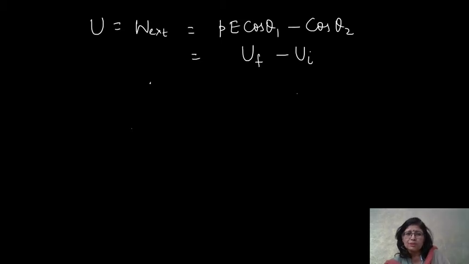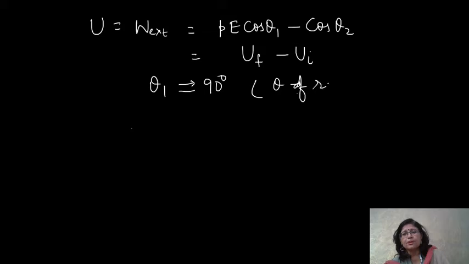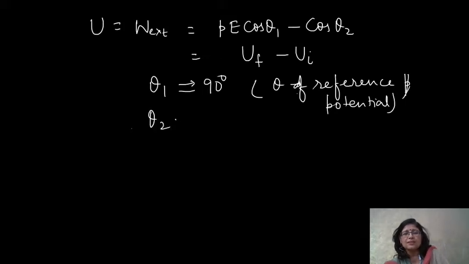So suppose theta 1 is the reference level of potential, and that is equal to 90 degrees. It is the angle of reference potential. And theta 2 is equal to theta. Then this formula will be equal to minus PE cos theta.